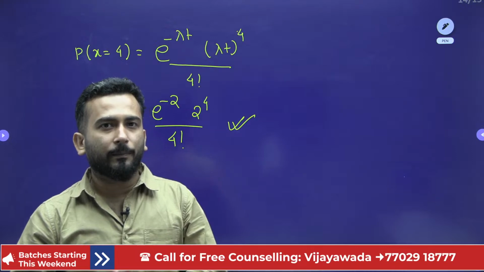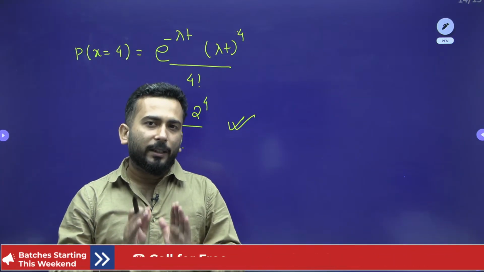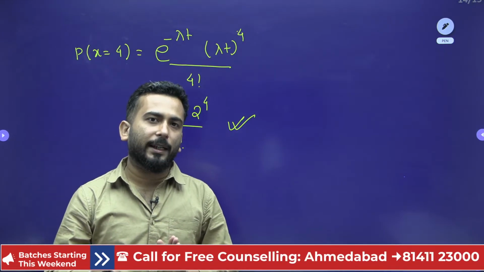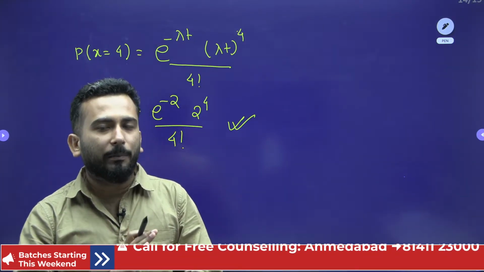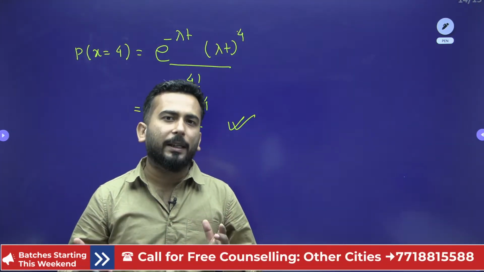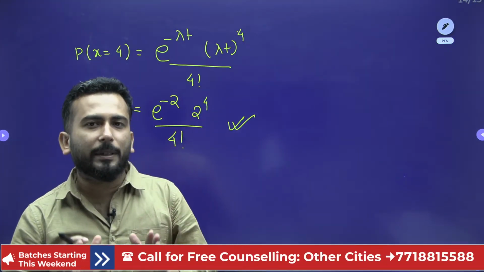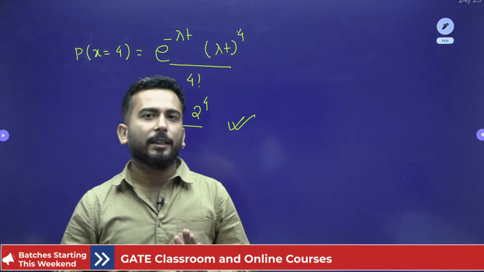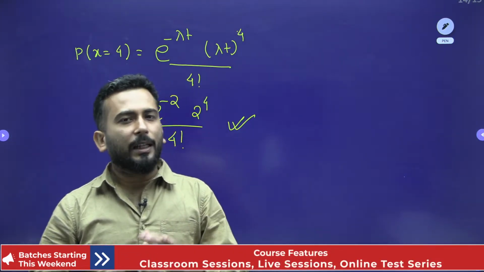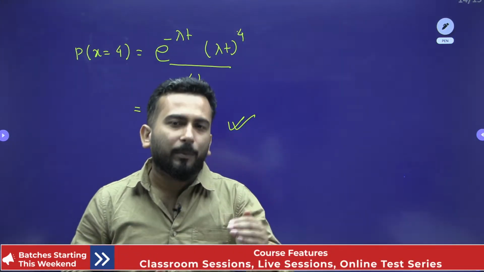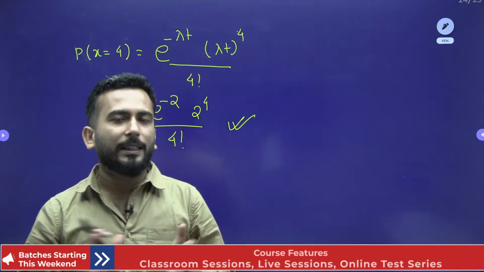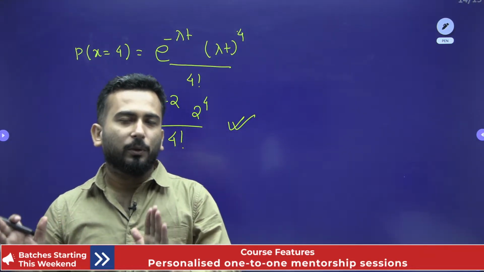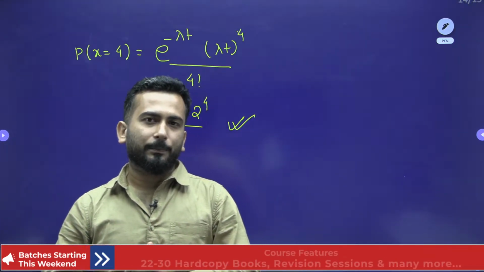I request you to please watch this session twice or thrice if needed, because this is going to clear some very minor, basic concepts as far as these distributions are concerned and their role in queuing theory. If you understand this, the latter part of this chapter you will not face any problem, because now the formulas will be all simple, very basic calculations.